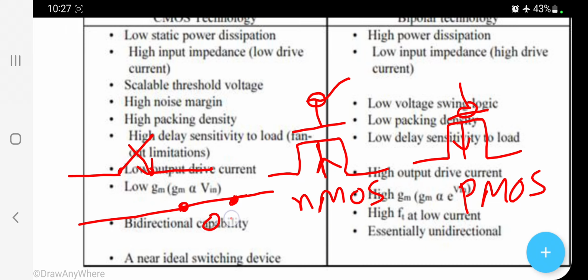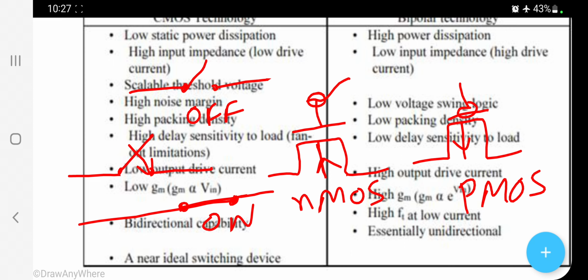NMOS or PMOS, when it is on, it is a closed switch, and if it is off, it is an open switch. So NMOS can be used as a switch, as well as PMOS, and these are ideal switching devices when we compare to bipolar BJT transistors, which is bipolar technology.